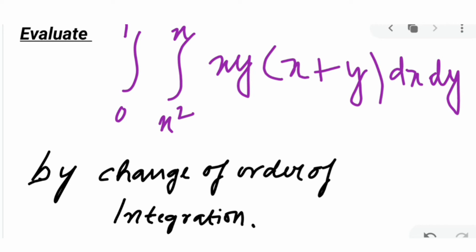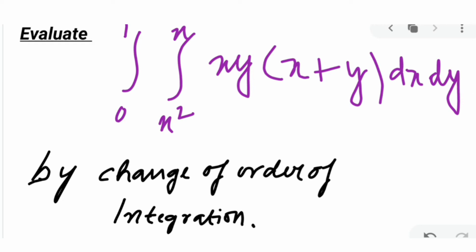When we apply the method of change of order of integration, we need to alter the limits, like we need to change the order. Since here the order is dy dx, we need to change it into dx dy. So we start with this question.